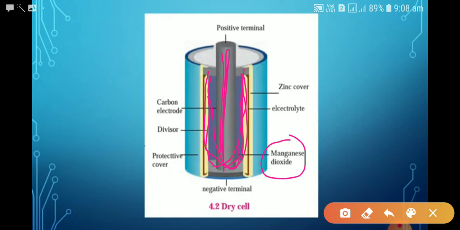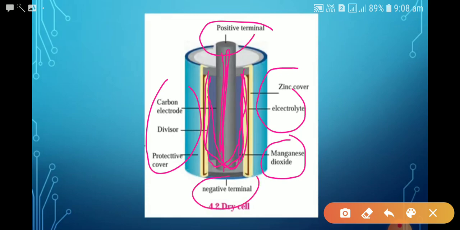Because of the chemical reaction of all these chemicals, an electric charge is constituted on the positive and negative terminals of the cell, and electric current flows in the circuit. So the chemical reaction takes place and charges are produced, and these charges flow in the form of current.